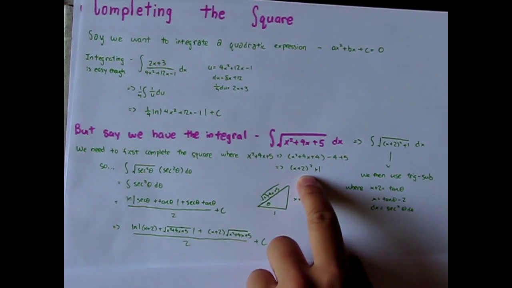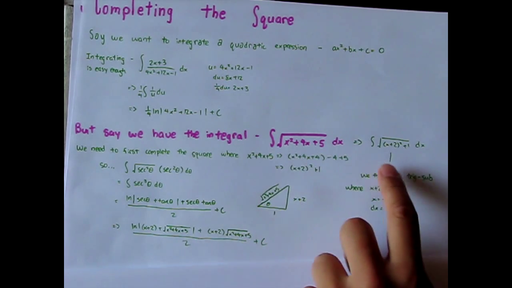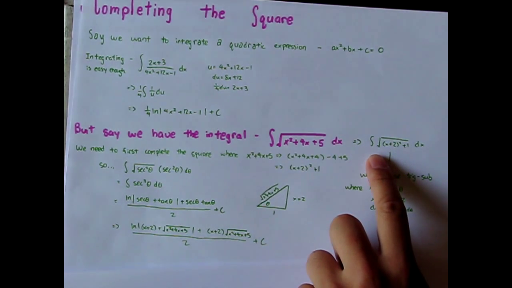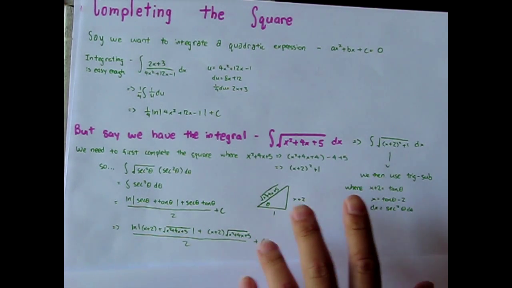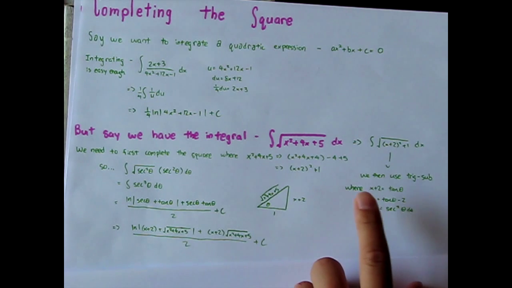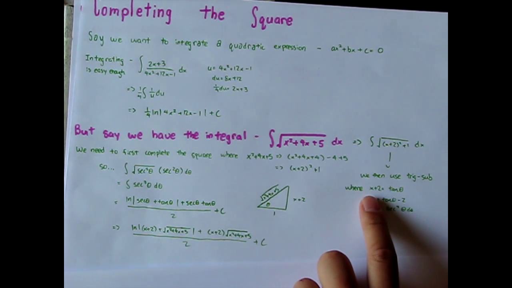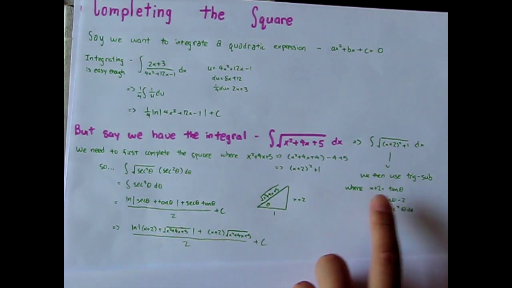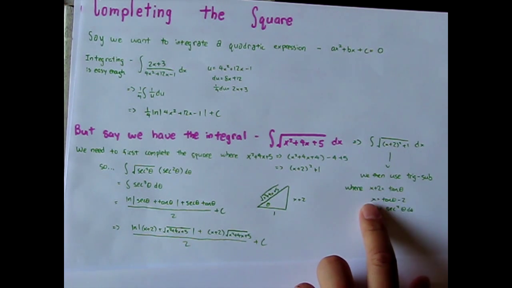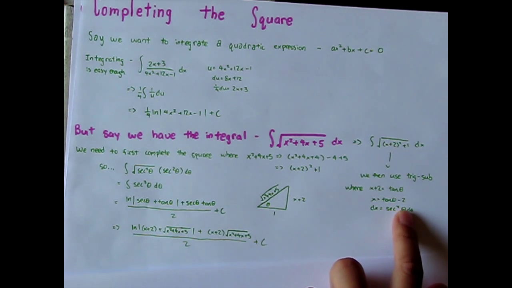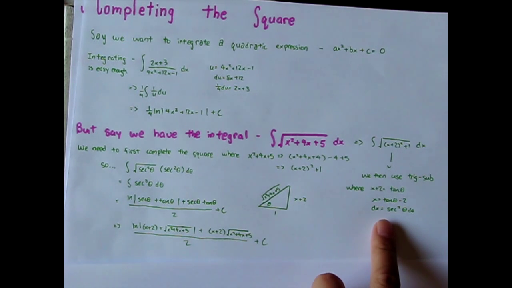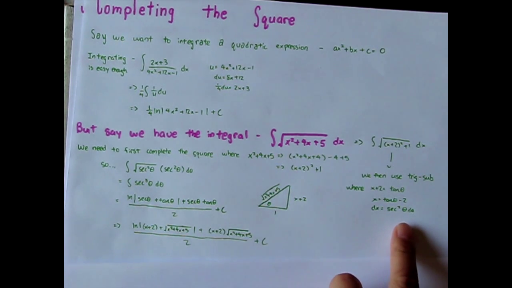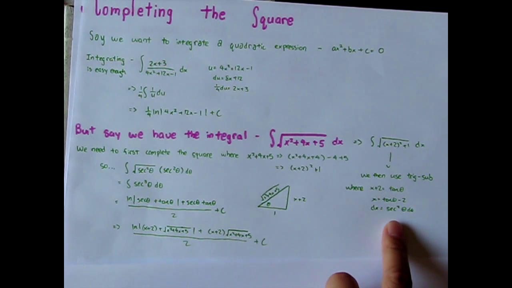You would substitute this for the integral that we have, and we would come to the integral of the square root of x plus 2 squared plus 1 dx. Here, we then realize that we can use trig substitution and substitute x plus 2 for tangent theta, and make x equal to tangent theta minus 2, and then derive dx equals secant squared theta d theta.